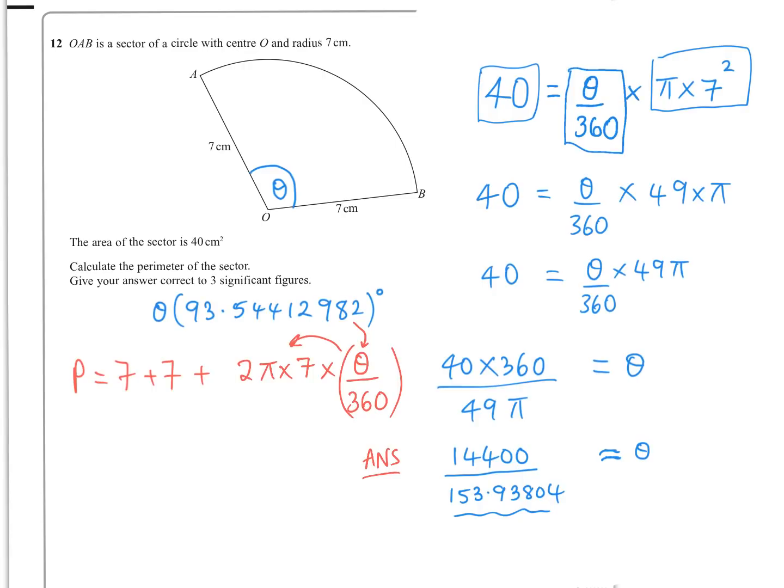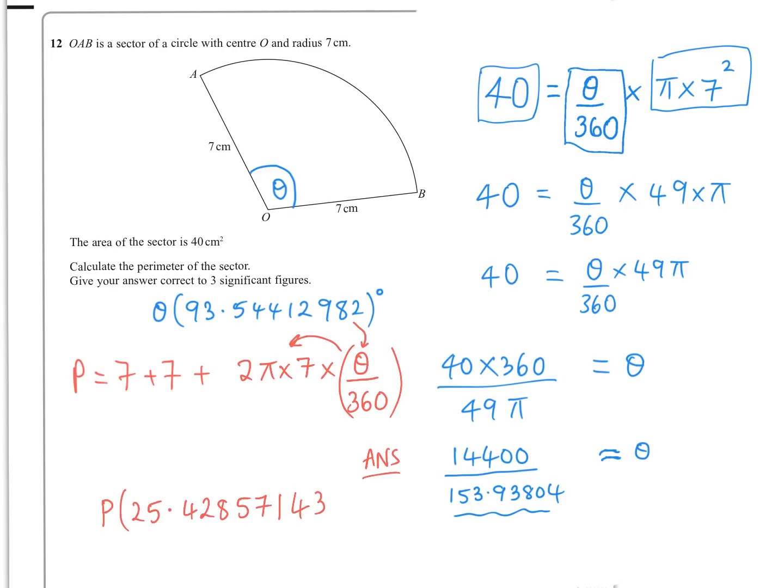Okay, so 7 plus 2 times pi times 7 times ANS in my case, because that's the answer I've already got in my calculator, and then divide by 360, and I get the perimeter as 25.42857143.